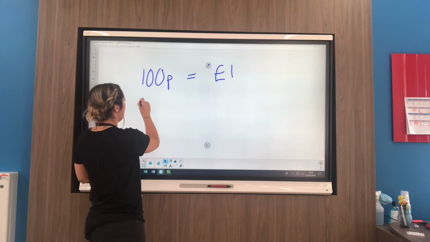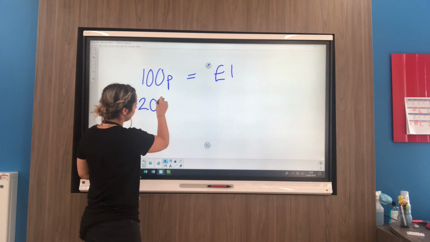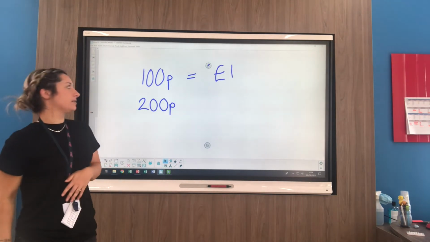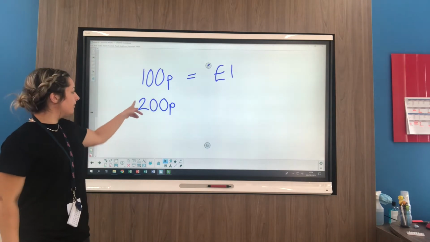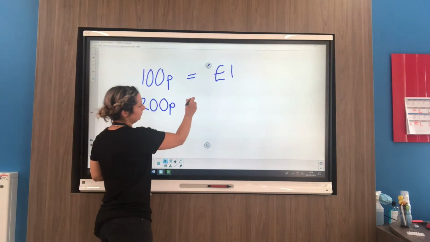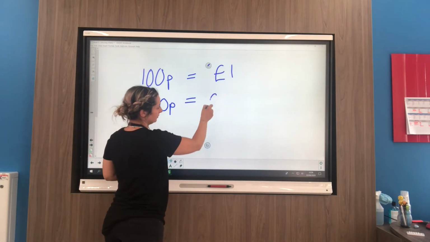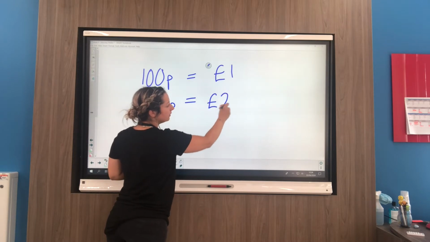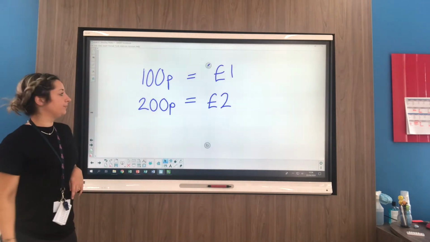So let's try 200 pence. How many pounds are in 200 pence? Should be £2.